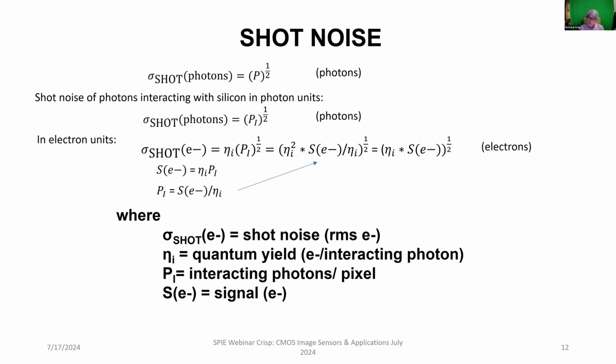So you just get a simple equation of S, which is the signal in electrons, to the 1/2 power. That's the best you can ever do with a single image frame in terms of noise, is to reduce it down to the shot noise. So when we go to process an image, our goal will be to make sure that it winds up being shot noise limited after we do various calibration functions.